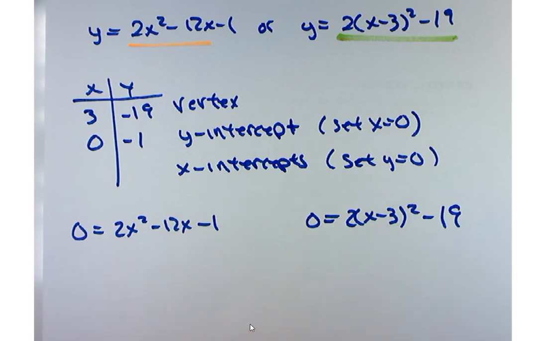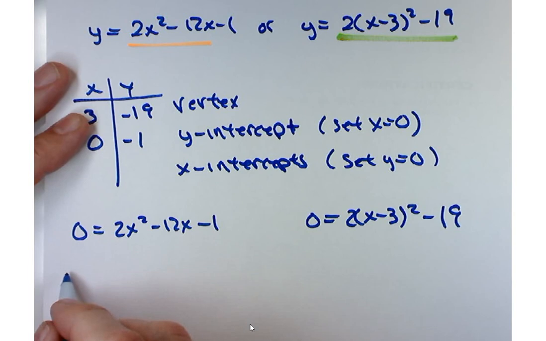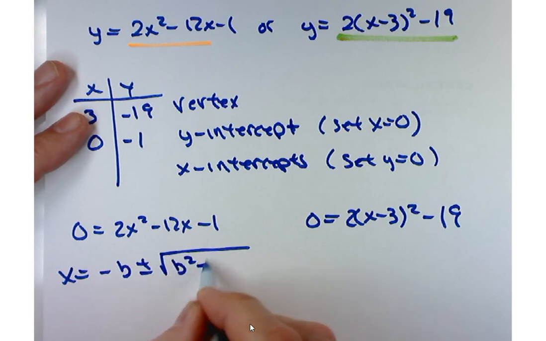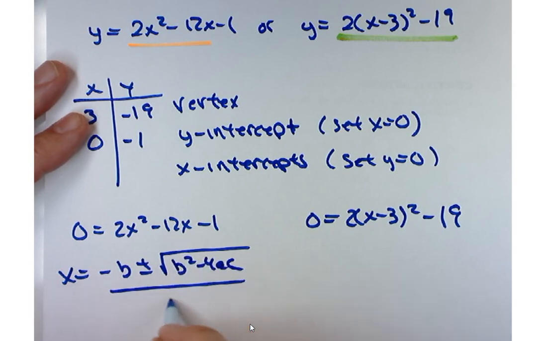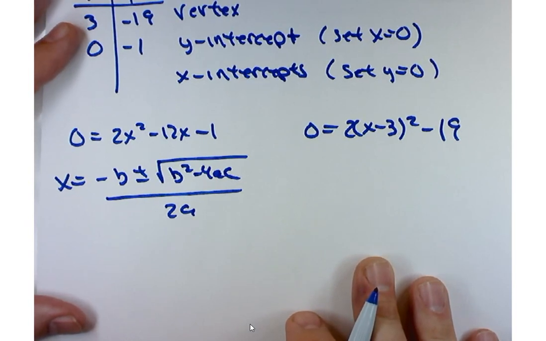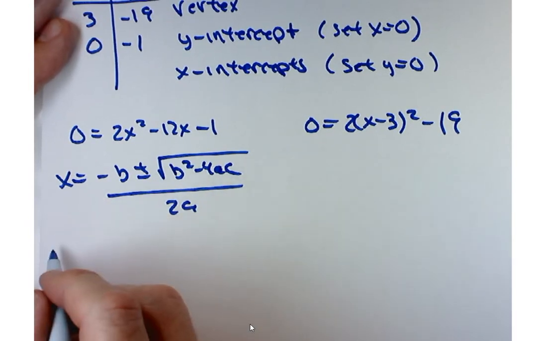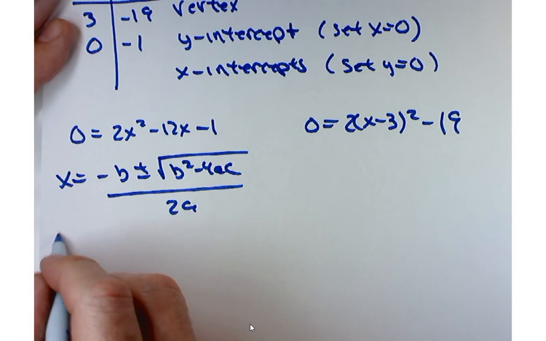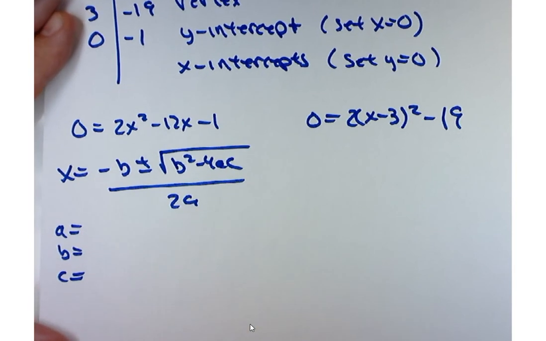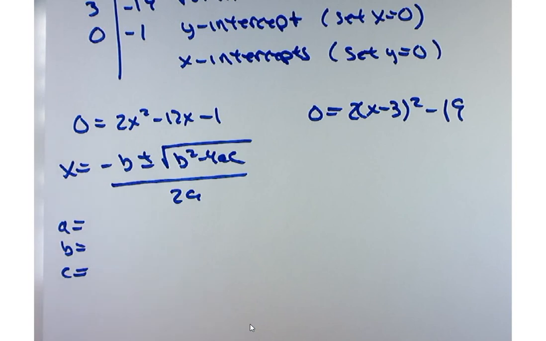Quadratic formula. So that's going to be x is negative b plus or minus the square root of b squared minus 4ac all over 2a. Ugh. That doesn't look terribly fun, does it? A, B, and C. This is a tricky one in as much as you've got a couple negatives to deal with.